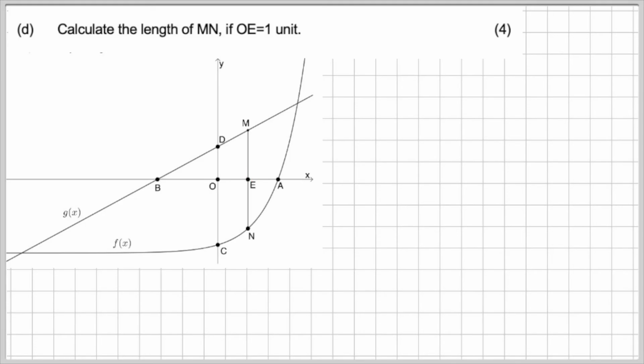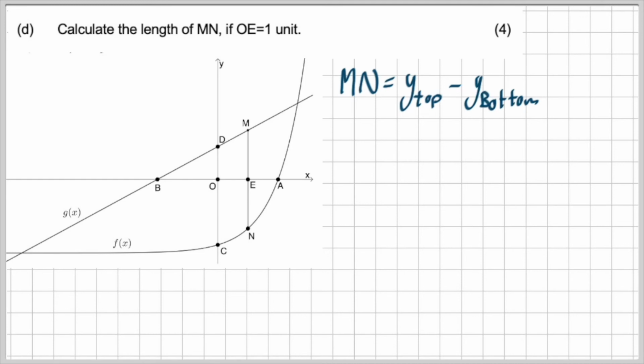So if I look at MN, what makes MN so special is that it is the vertical distance between two graphs. The moment I get that, I implore you, set up an equation, especially for grade 11 and 12. So I'm going to say MN is the top y value minus the bottom y value. So in other words, the y value at M minus the y value at N.